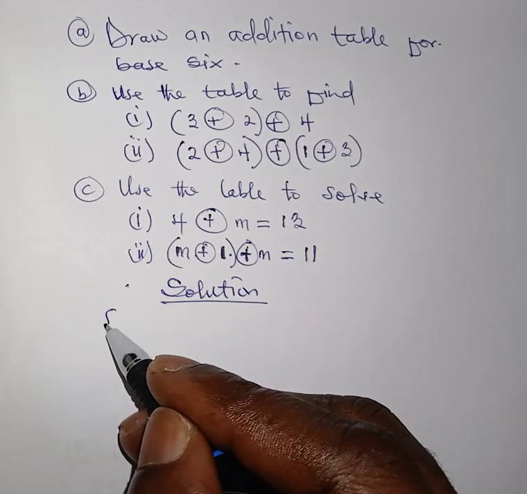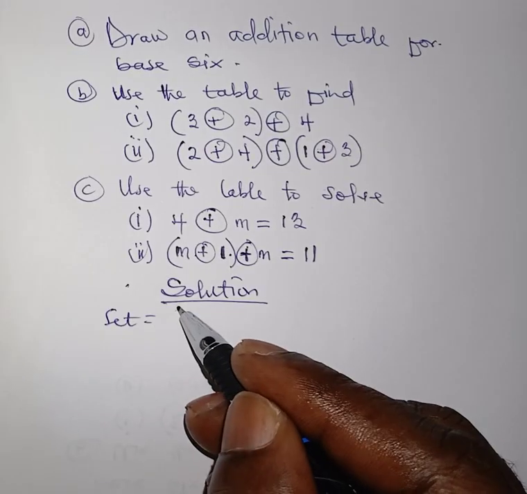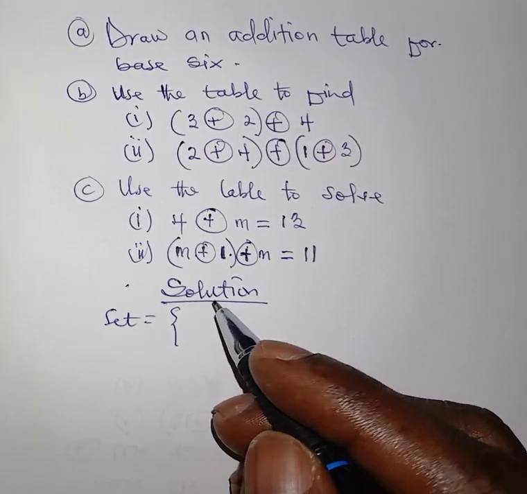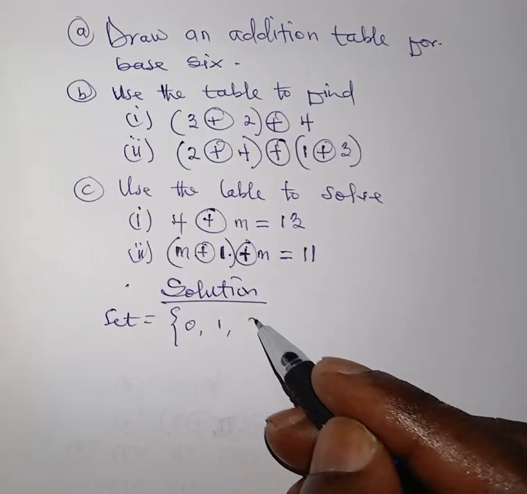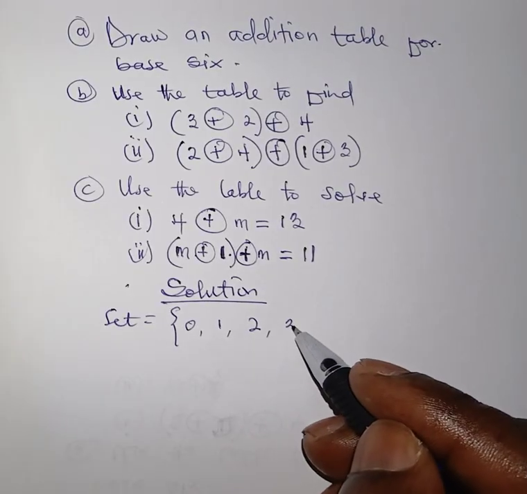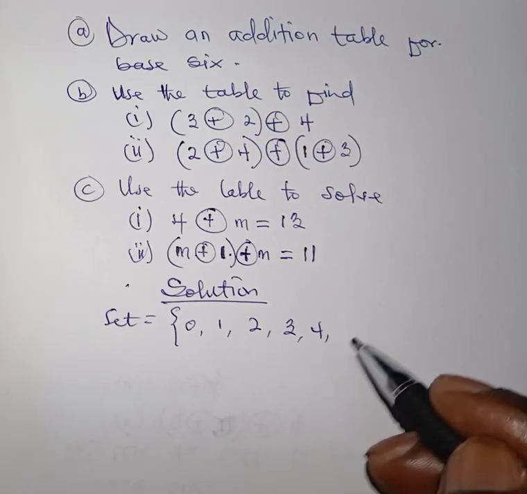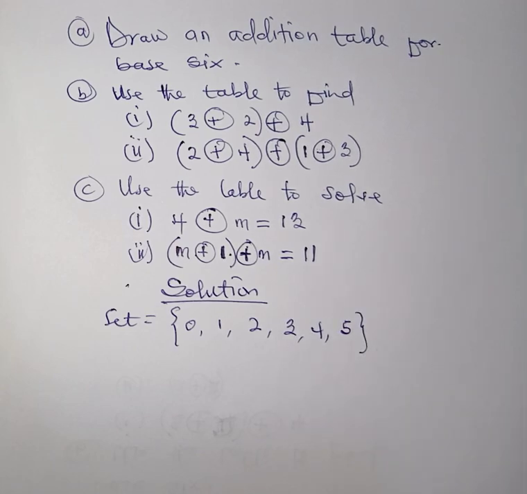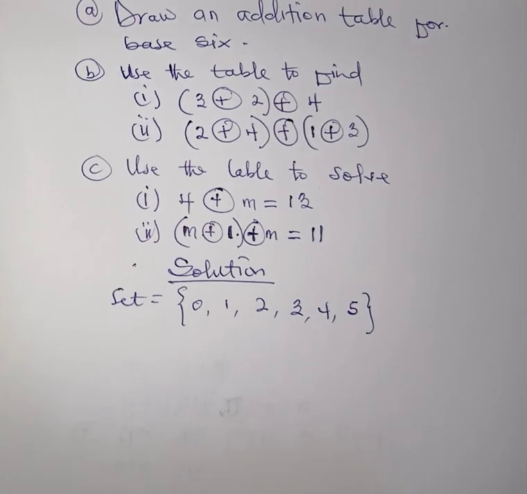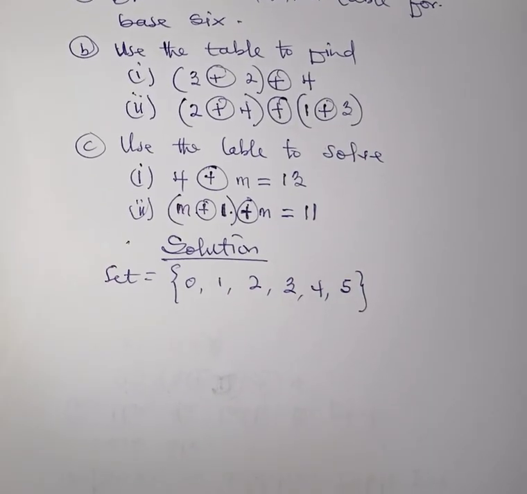For base 6, we start from 0, 1, 2, 3, 4, and 5. So this is what we are going to use to construct our table.